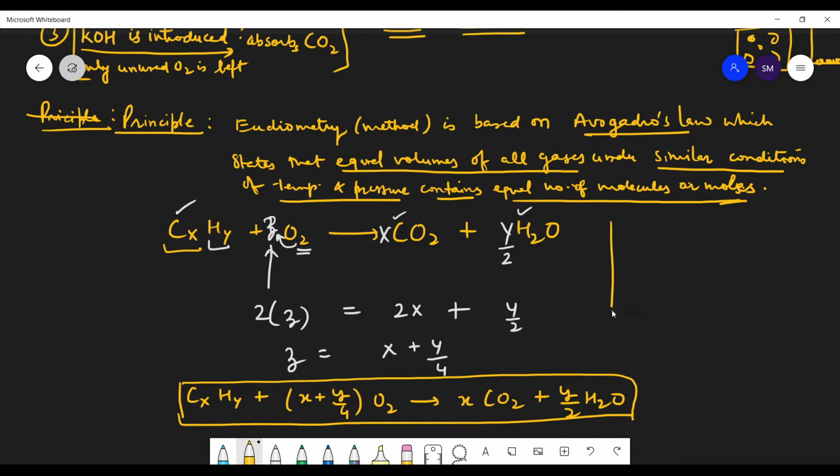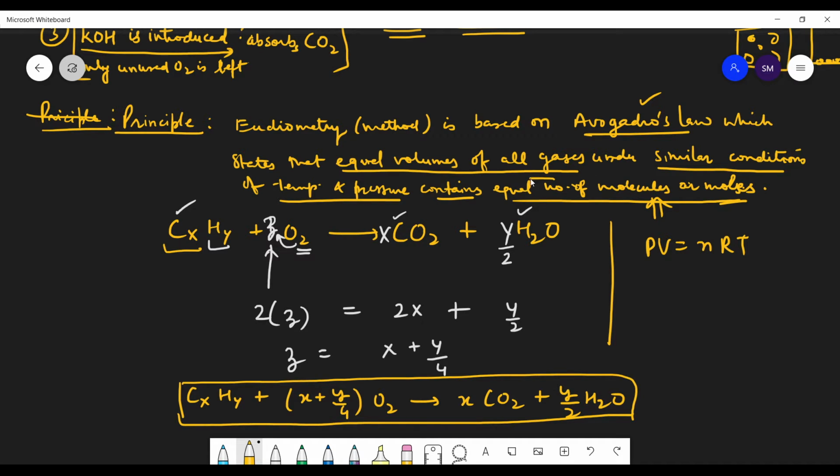If you look at Avogadro's law, we have the equation of all the gas laws. This equation was not available when Avogadro gave that law. It was derived later on. The equation combining all the gas laws is the ideal gas equation, PV equals nRT.